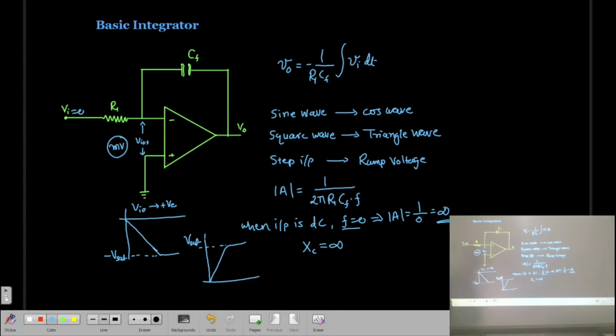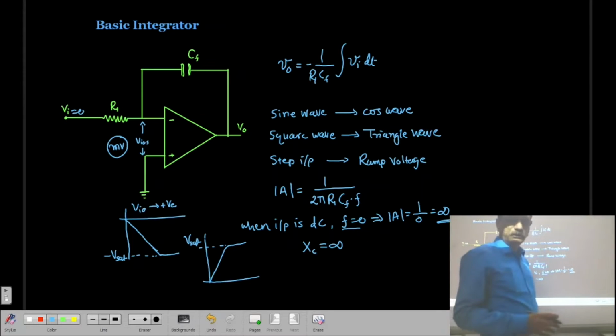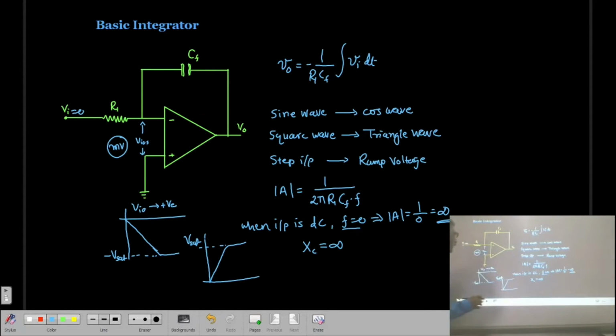So due to the input offset voltage as well as the bias current, there will always be a flow of bias current in the case of a practical operational amplifier. Due to that, the capacitor is going to be charged or discharged.